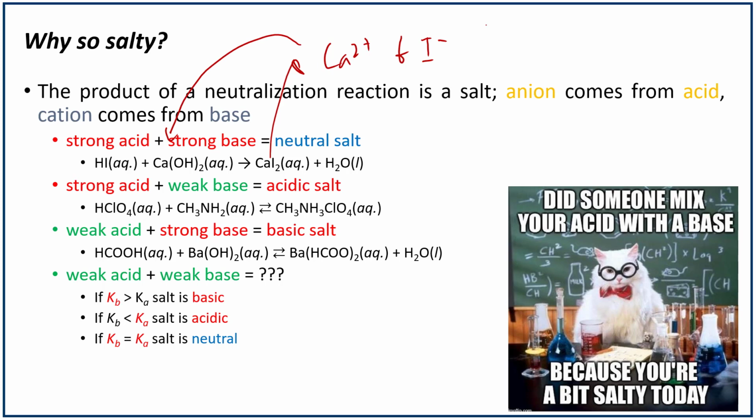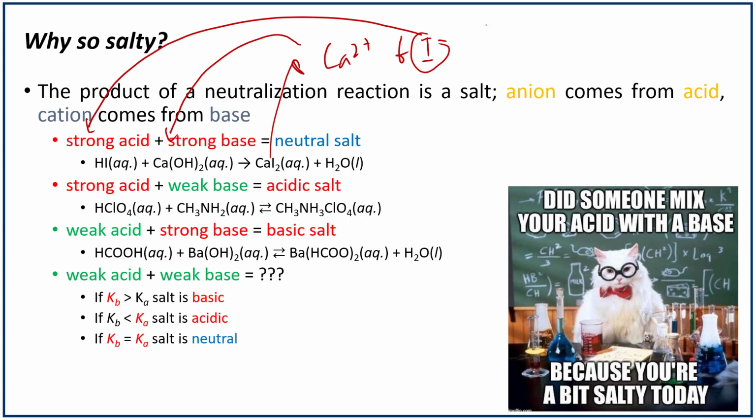The iodide ion comes from hydroiodic acid, which is a strong acid, and iodide is a very, very weak base. In fact, it doesn't even have any basic properties. So the product of a strong acid and a strong base should be a neutral salt. Strong plus strong is equal to neutral.